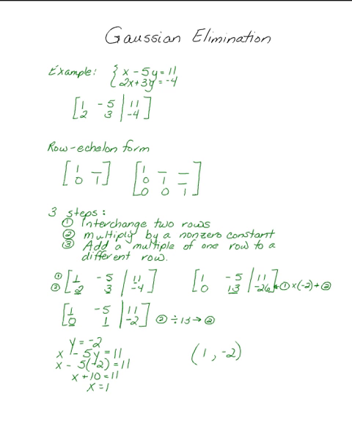So what we will end up with is 1, -2, 3, -11, and 2, 3, -1, 6, and 3, -1, -1, positive 2.